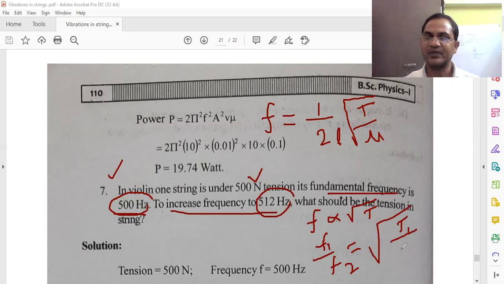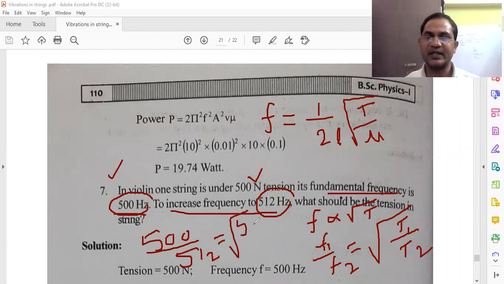Here F1 is 500, F2 is 512, equal to root of T1, initially the tension given as 500 Newton, by T2, which we have to calculate. Squaring both sides, 500 squared by 512 squared equals 500 by T2, and 500 cancels.